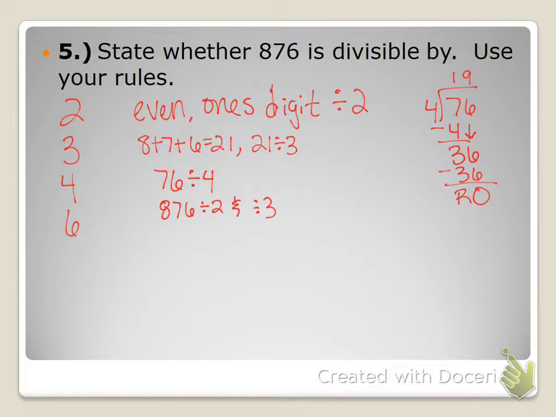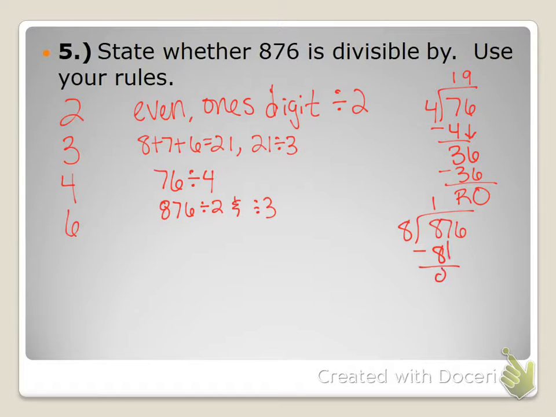What about 8? Well, what's our rule for 8? We look at the last 3 digits. That doesn't help me out a whole lot. But if we look at the last 3 digits, it should be apparent pretty quickly. How many times will 8 go into 8? Once.